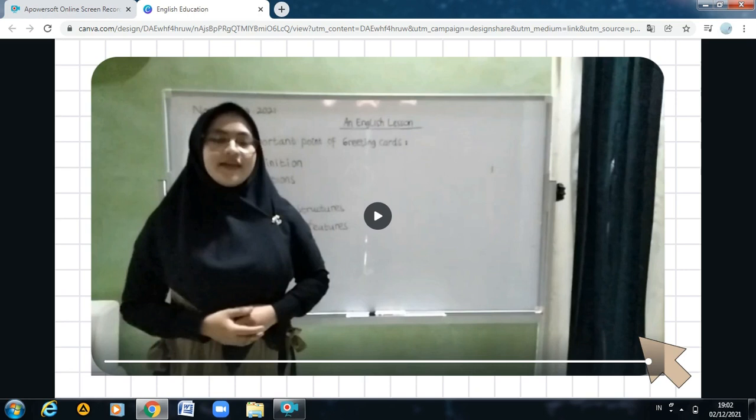I also use emphasis on the sentence that we will study today to ensure that students really understand the keywords of the material written on the whiteboard, which is an important part that students need to know. Okay, for deficiency in this slide, it is the same as the previous slide. In this slide, there is an error in writing the date in which I did not add the letters RD to number 23 as the date.